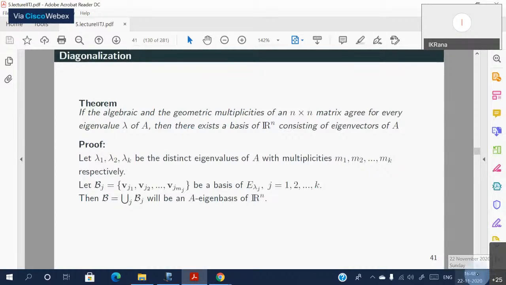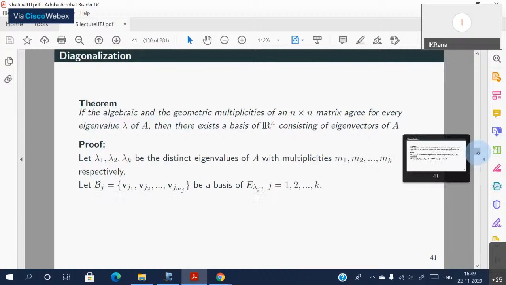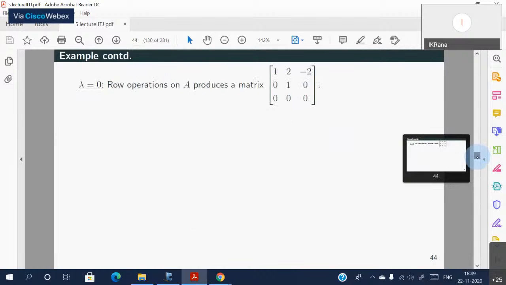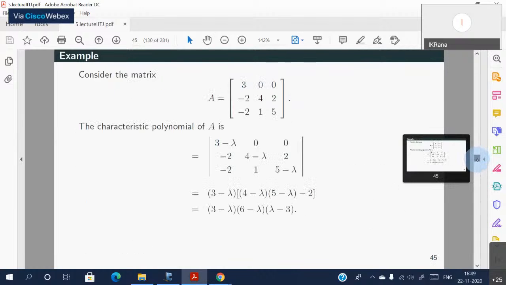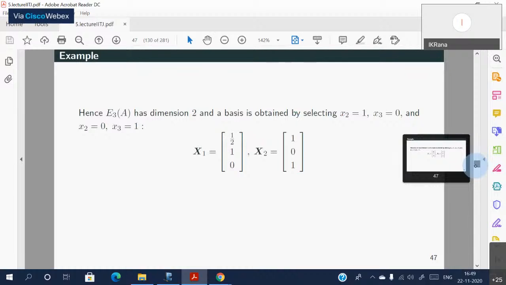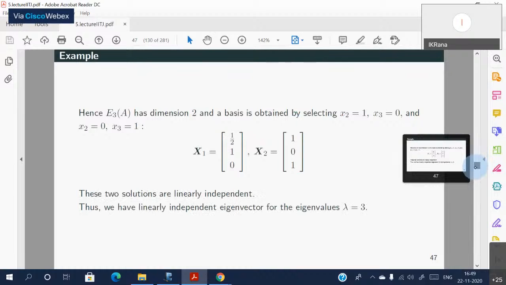If the algebraic and geometric multiplicities agree, then obviously we'll have a basis consisting of eigenvectors, and the matrix will be diagonalizable. I've been slightly fast because we have only one hour.